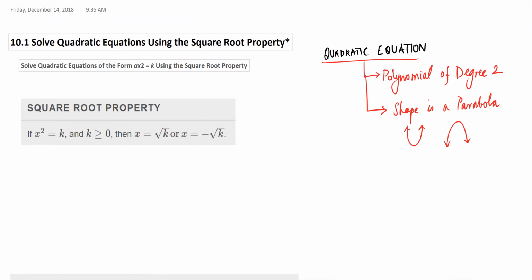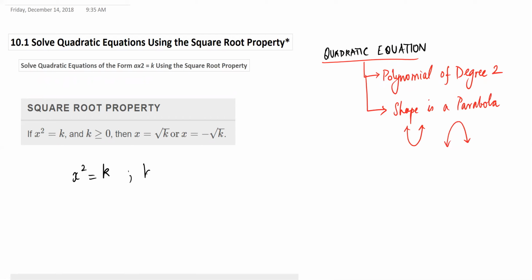But we're going to use square root property to solve quadratic equation. So what does that mean? So they're saying if x squared equals k is an equation, clearly you look at this equation, what is the degree of this equation? The degree is 2, right? Highest power. So the degree is 2, meaning this is a quadratic equation.